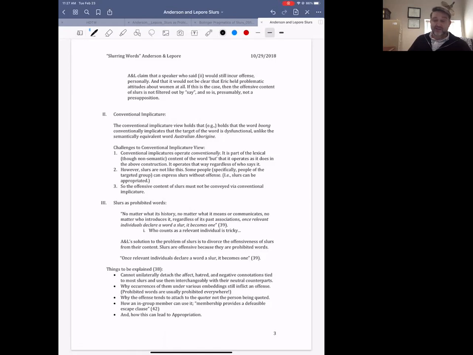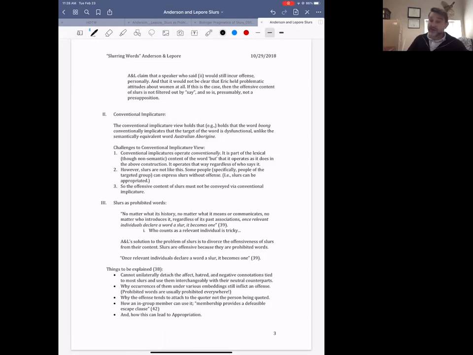The next view is to think of these as conventional implicatures. So it could be that the offensiveness of a slur attaches to something it implicates. Presumably here, it's going to be conventionally implicated and not conversationally implicated, because conversational implication takes a proposition and our understanding of this information, including the maxims of conversation, to work out what is implied.